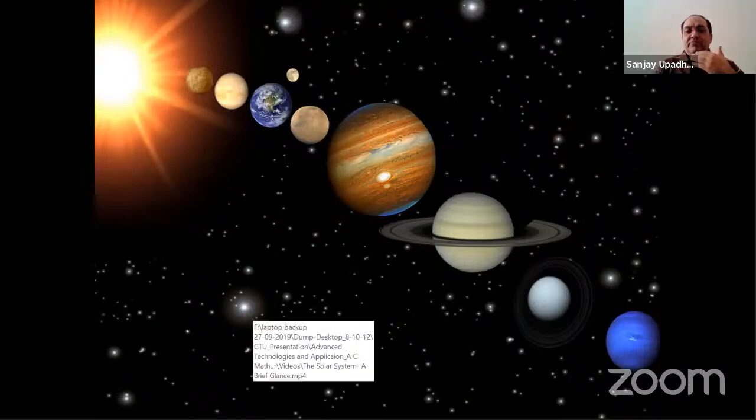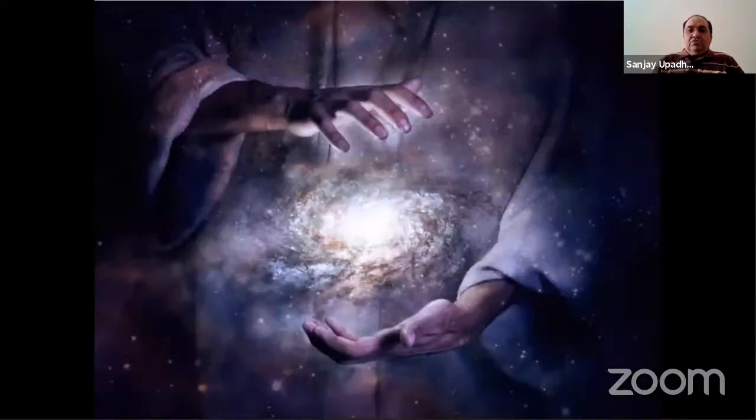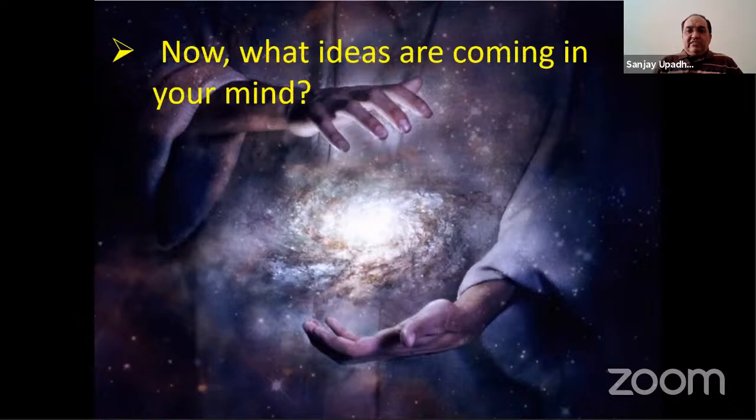There are a number of things in the universe, galaxies, stars, everything where we are launching our space shuttles. After observing this, a number of ideas and questions arise in our mind. First one is, what is space?